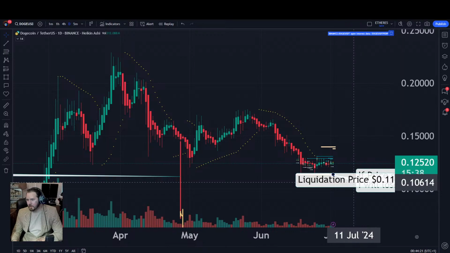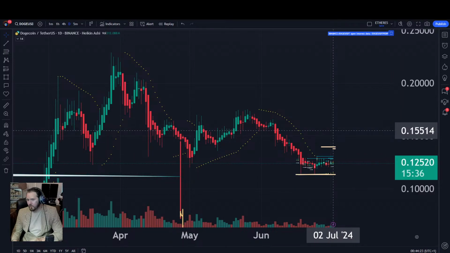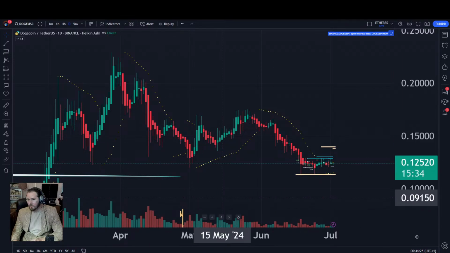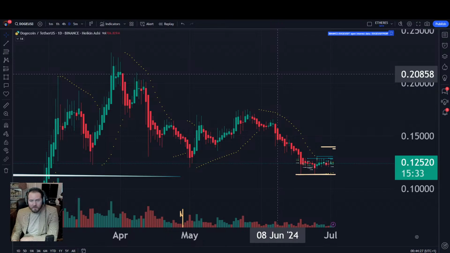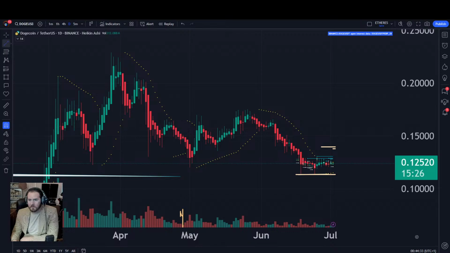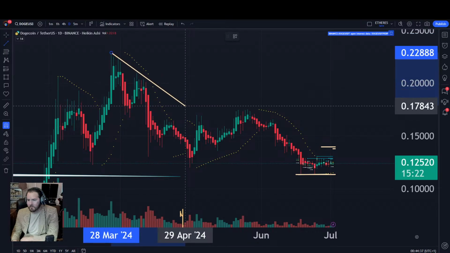All right, let's delete all the drawings we did so far so we can focus on something else. Let's see if Doge is potentially breaking a daily downtrend. Let's put on the magnet. And we're going to get this trend line. Let's start up here at 22.88 cents.